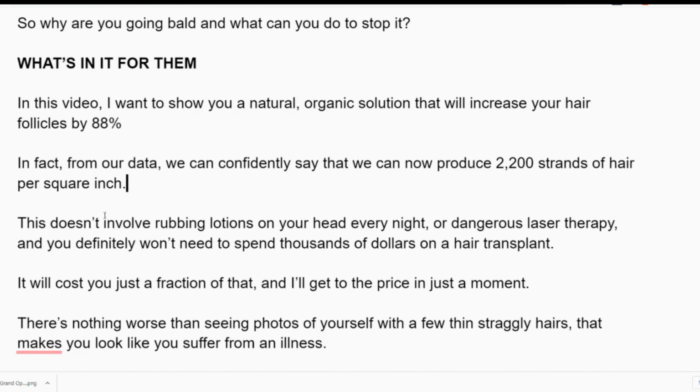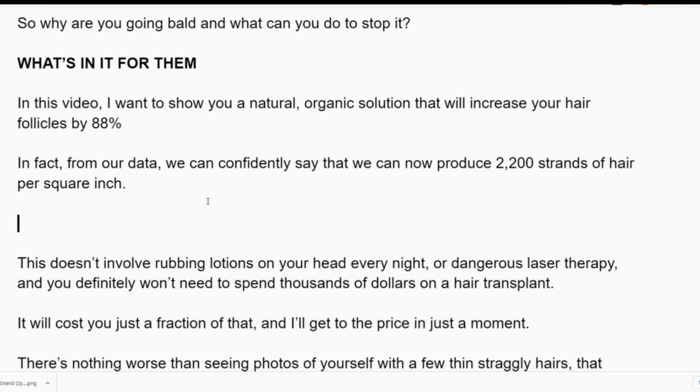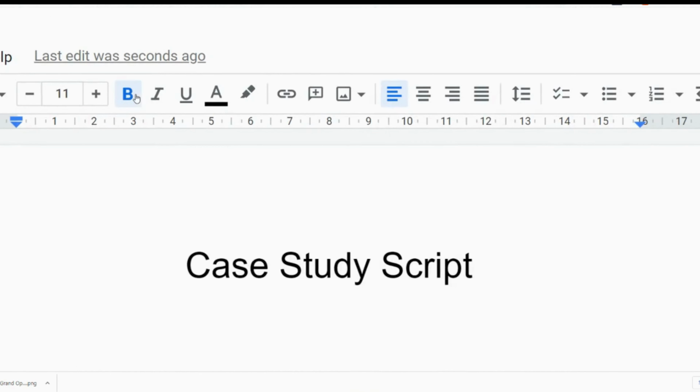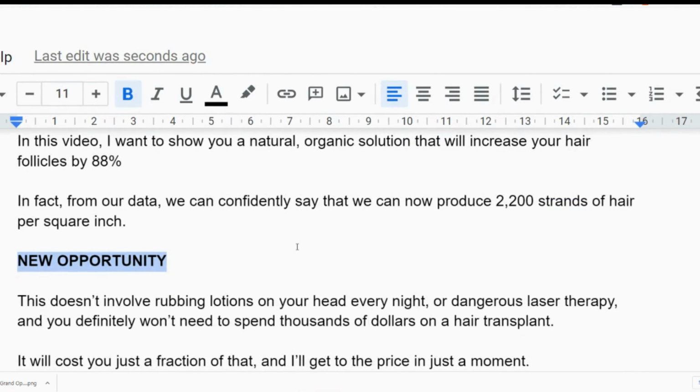So here this would be something that they've tried before, so I'd say this is a new opportunity here. Now, although I did say you should flow in the same order, I haven't clearly here, so it doesn't really matter.